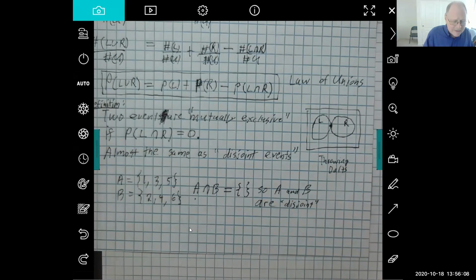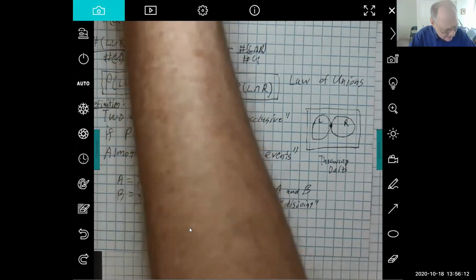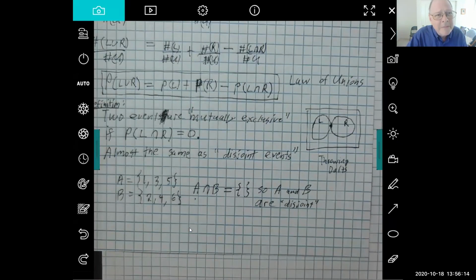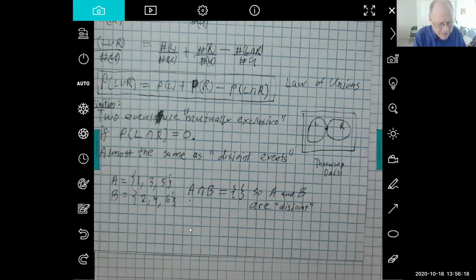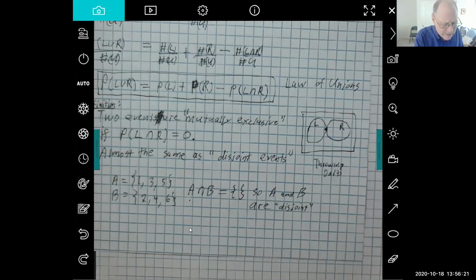If you think about events of probability 0, do they ever happen? Well, sure. Here's kind of a silly way to think about it.